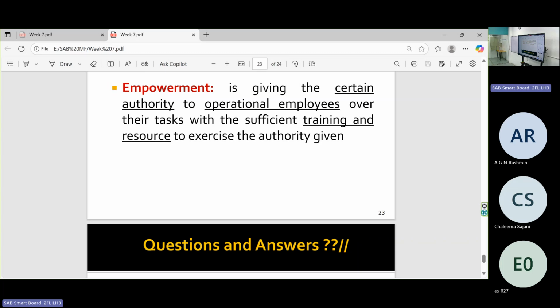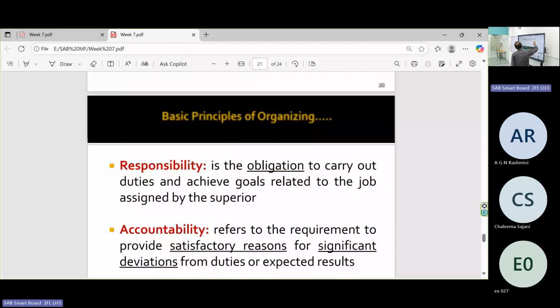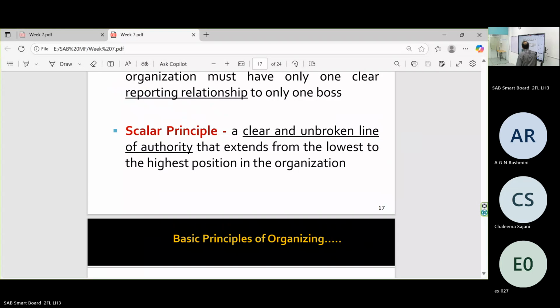Right, at the end of the lesson, we defined organizing, then identified three functions of organizing: job design, departmentalization, and coordination. Then one by one we described them. Finally, we noted some hypothetical diagrams for the different types of departmentalization and a few diagrams to show vertical and horizontal coordination.